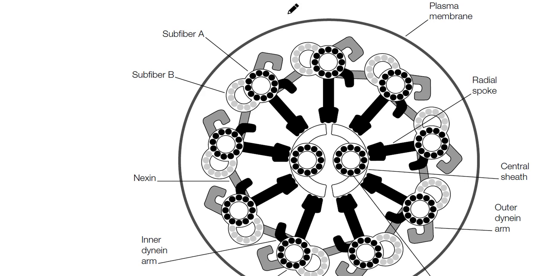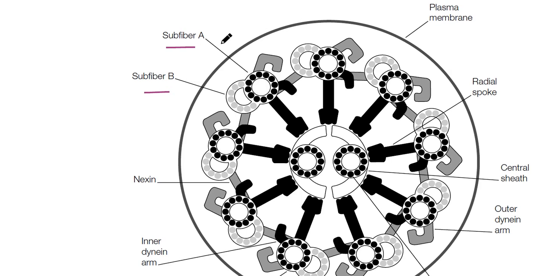So you can see here that the outer 9 tubules look like the number 8, with a circle, subfiber A and subfiber B. The subfiber A circle is smaller and the subfiber B circle is bigger.